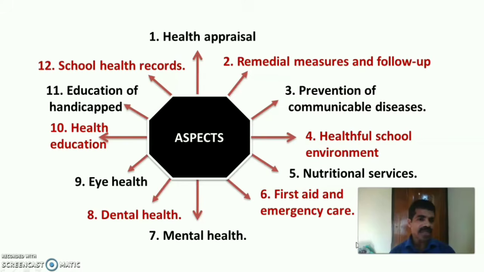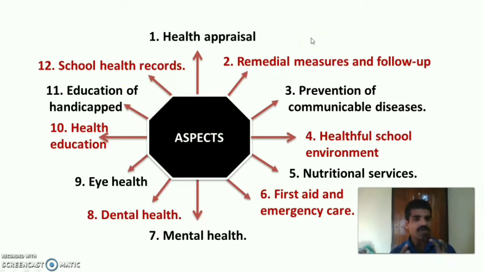In general, there are 12 different aspects of school health services: health appraisal or health monitoring, remedial measures and follow-up, therapeutic services, prevention of communicable diseases, healthful school environment, nutritional services, first aid and emergency care, mental health, dental health, eye health, health education, education for handicapped children, and maintenance of school health records.